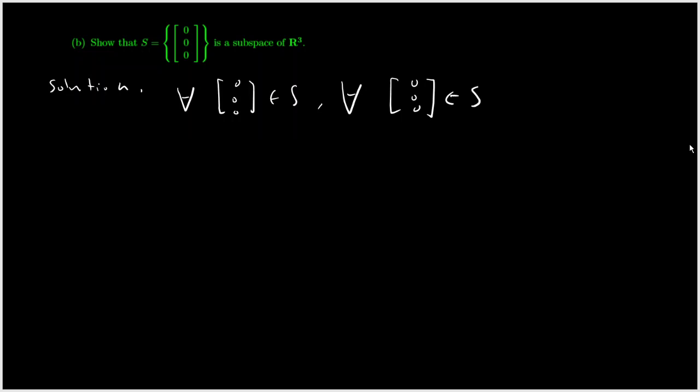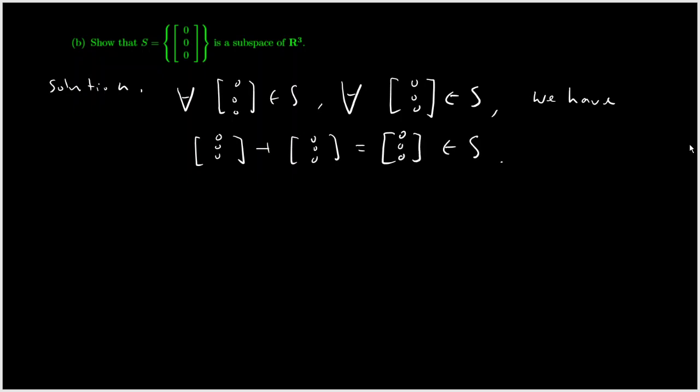You add the two vectors. The sum of two zero vectors is also a zero vector, right? That's a vector in S. That shows S is closed under vector addition.